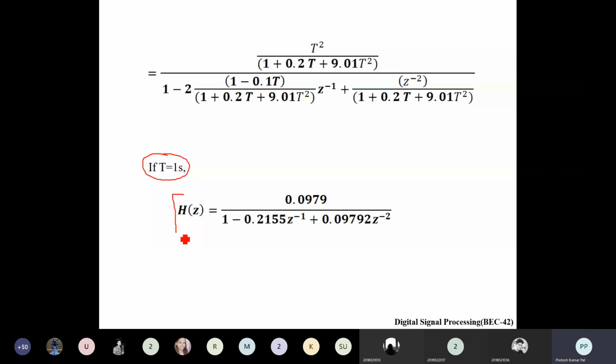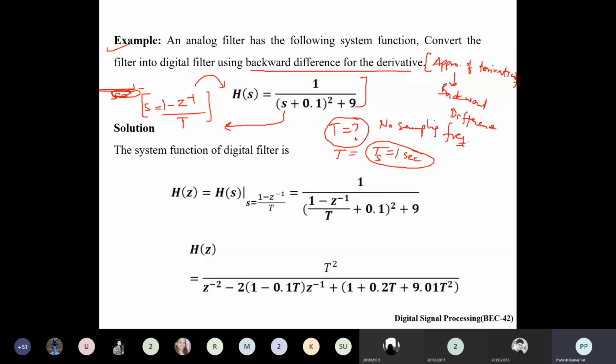In the form of mathematics it is very simple. We just need to replace, and if the sampling frequency is not given, we assume it would be 1 hertz, a 1 second time period.